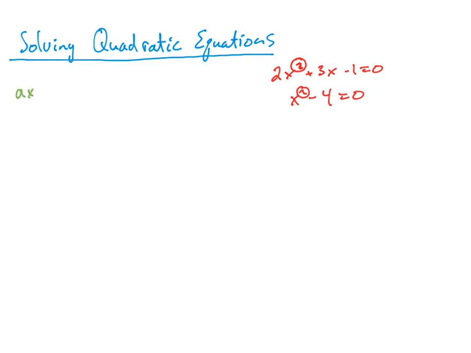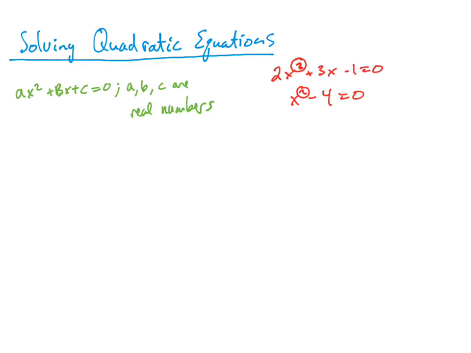The general form is ax squared plus bx plus c is equal to 0, where a, b, and c are real numbers. This is the format that a quadratic equation takes. There are a few different ways that we can solve a quadratic equation.